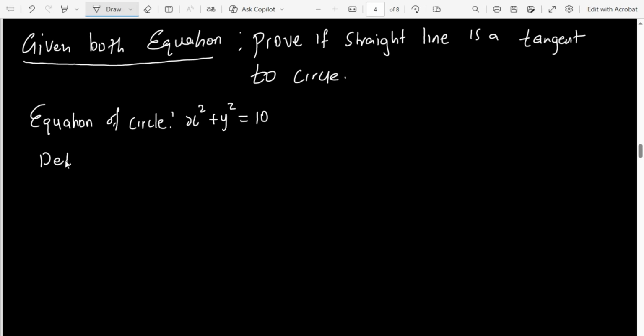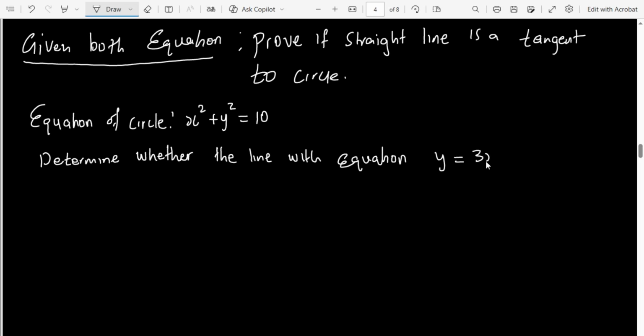Then the question says determine whether the line with the equation y is equal to 3x plus 10 is a tangent to the circle or not.